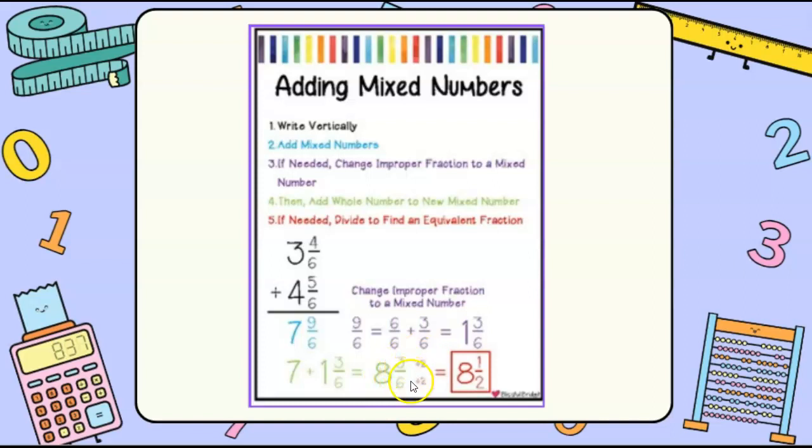However, I know that 6 is divisible by 3. So they have a factor in common, so I can divide and create 1/2. So let's go ahead and give it a go.